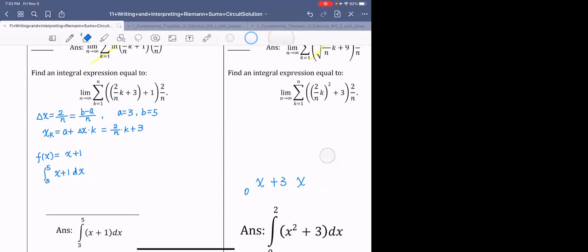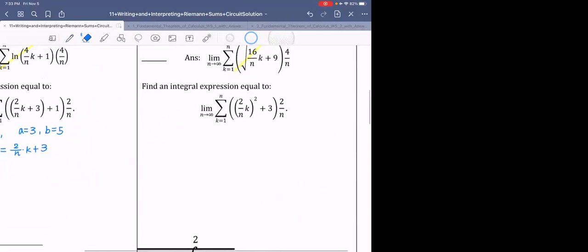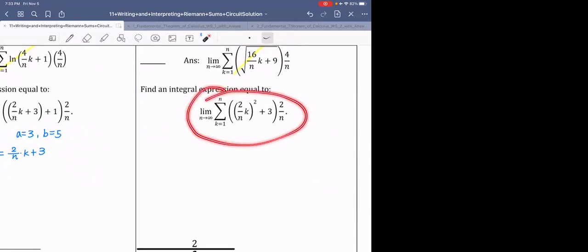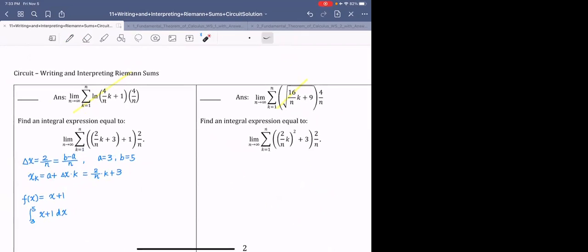Now, Zhao Yuchen, let's do this one. Let's see here, okay? I leave the left one as your first apple. Let's start. Go ahead. Delta x equals 2 over n equals b minus a over n, yes?